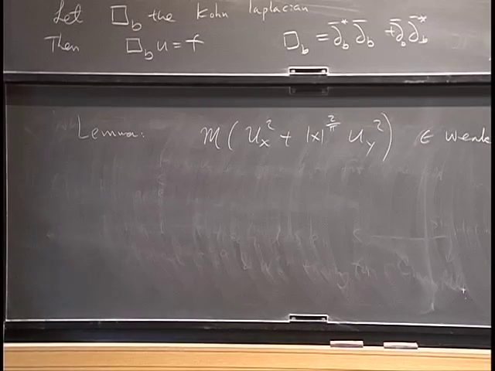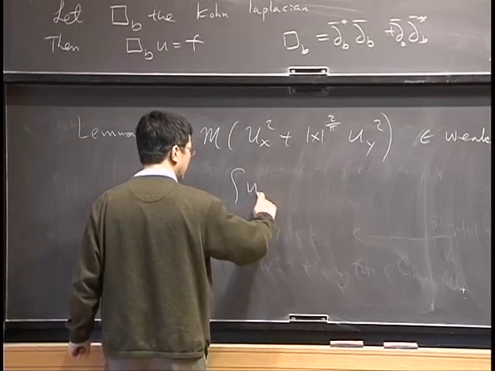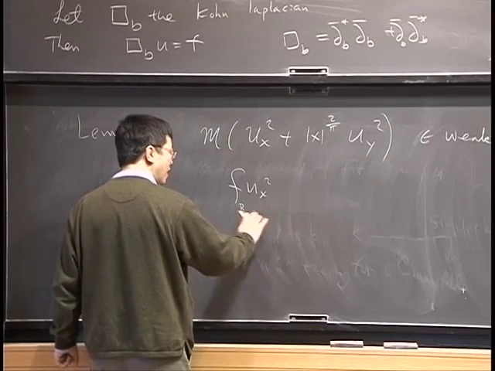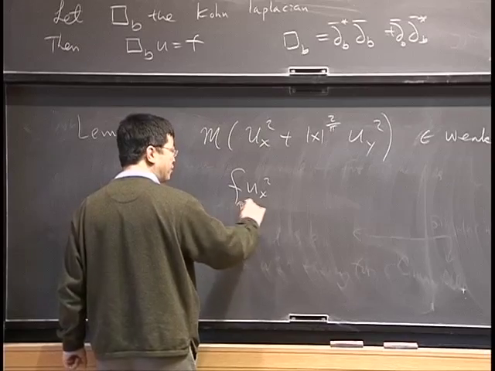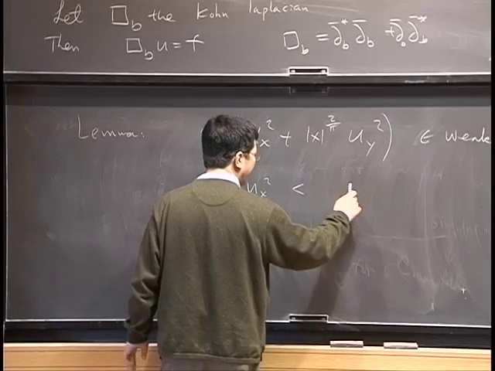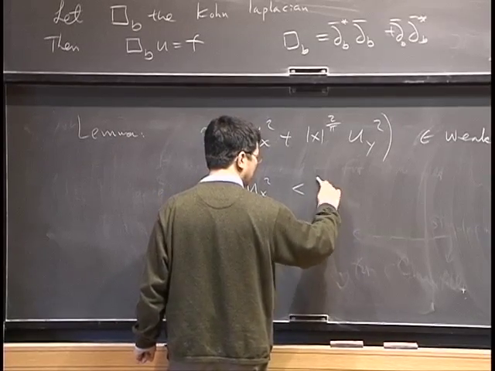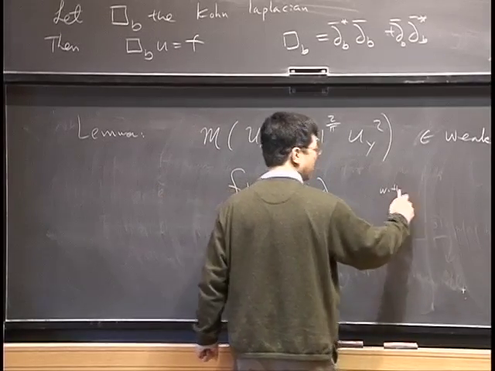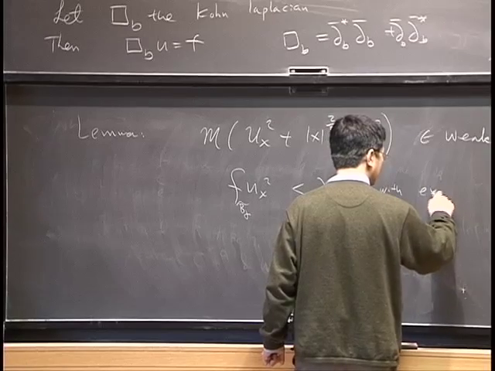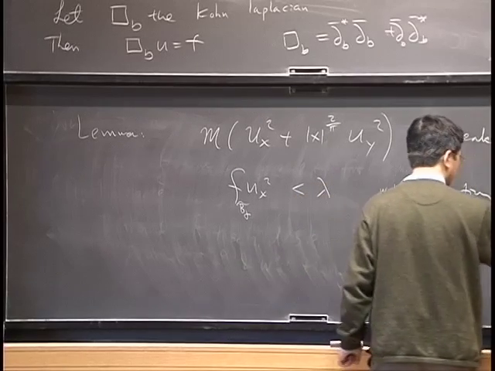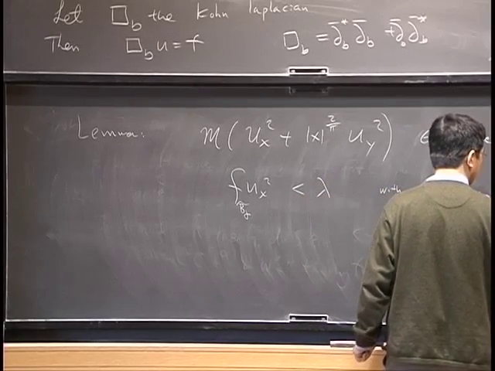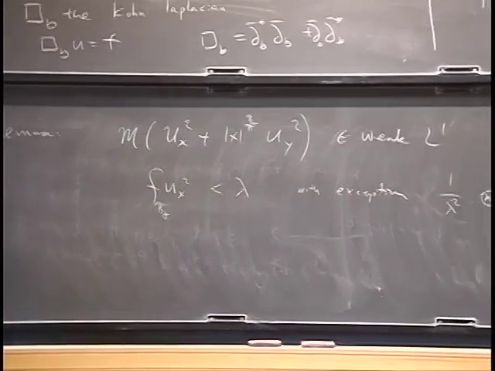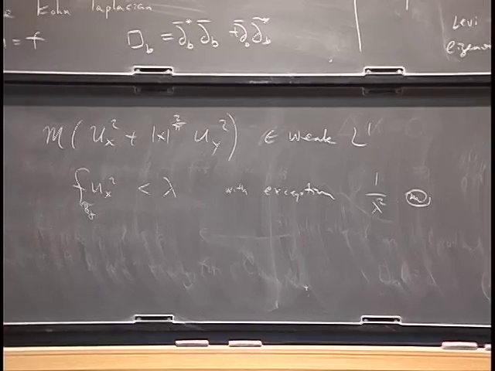In other words, for most of the points you will see, and this is really dramatic, for all the r's, I have to talk about intrinsic r's, it will be finite, say less than or equal to lambda, with exception set of measure 1 over lambda squared. It's like that, ux squared plus the whole thing.